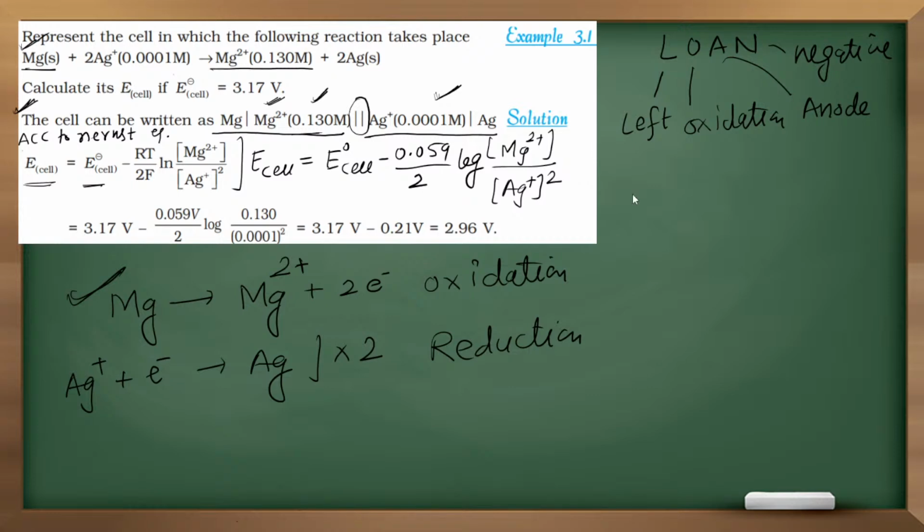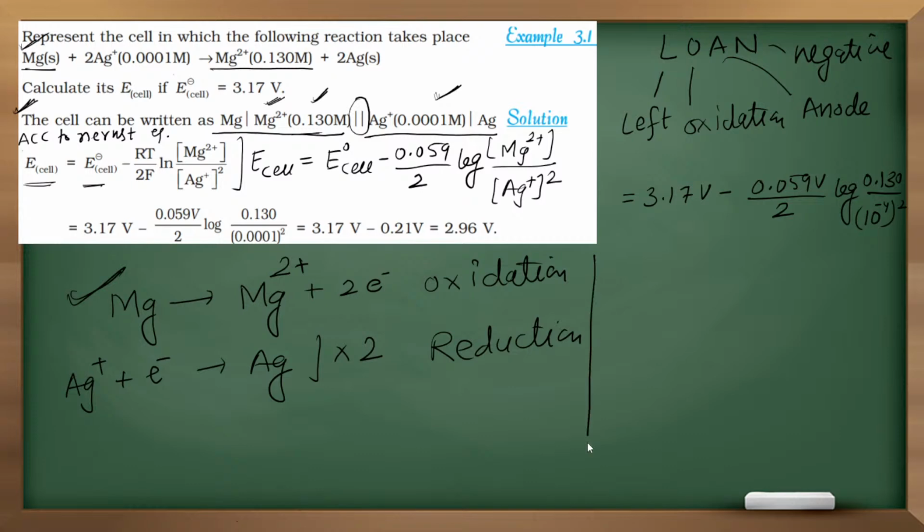In this way, E naught cell is given to you. It is 3.17 volt minus 0.059 volt over 2, and log of 0.130 over 10 raised to minus 4 raised to power 2.